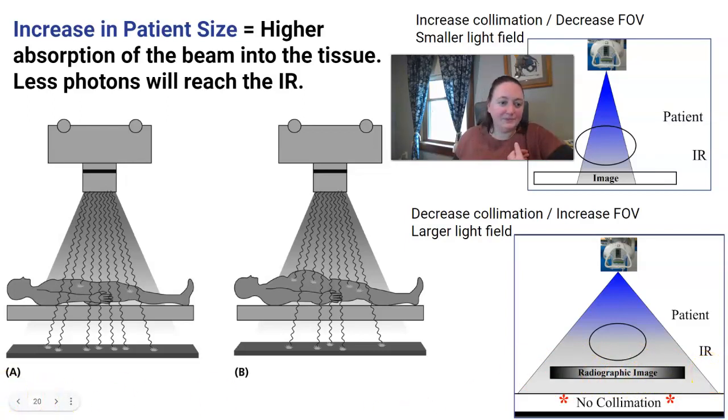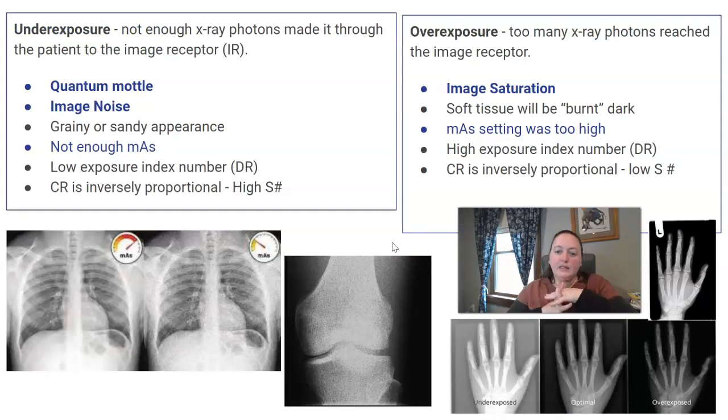Okay. All right, the other two terms that I think coincide with receptor exposure are underexposure and overexposure. So underexposure means not enough of your X-ray photons, A, made it through the patient, or B, reached your image receptor. It's usually associated with quantum mottle or image noise, or they say your image is grainy or kind of sandy, right?